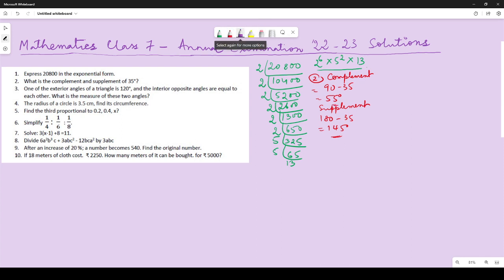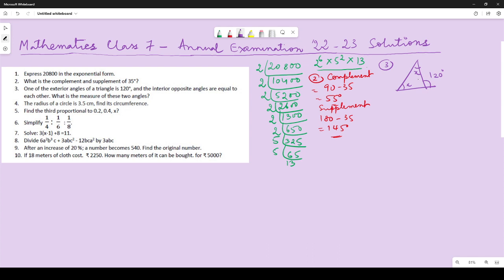Now let us take up next question, which is one of the exterior angles of a triangle is 120 degrees and the interior opposite angles are equal to each other. Now what you need to understand over here is, let us take up this figure. Let us say the exterior angle is 120 degrees and the interior opposite angles are x and x.